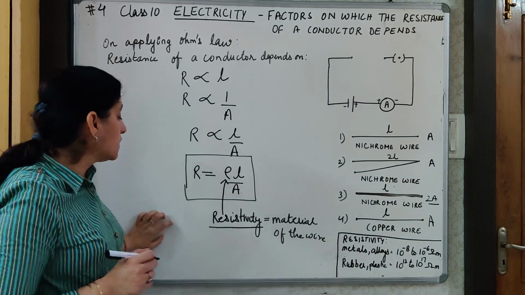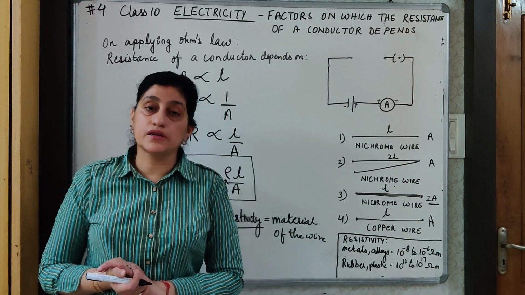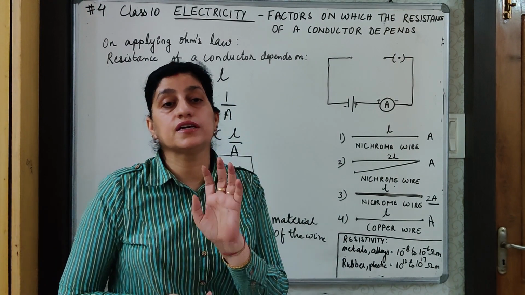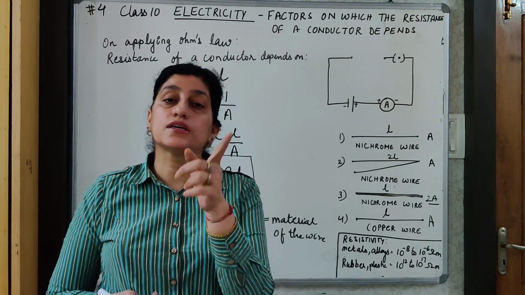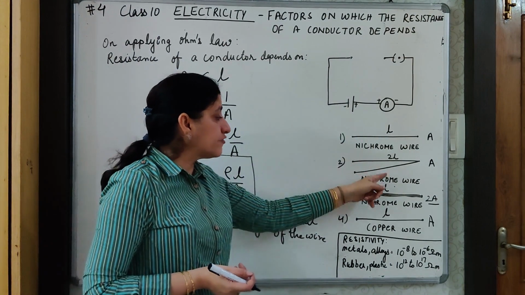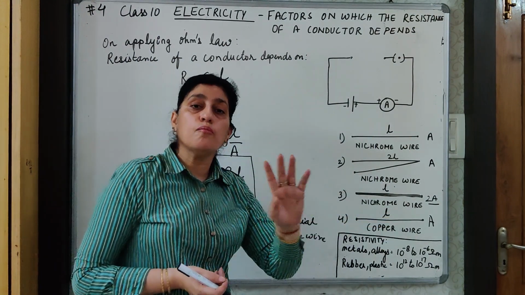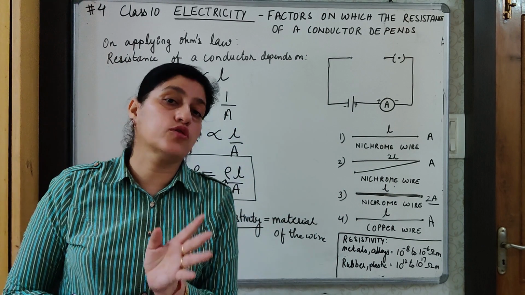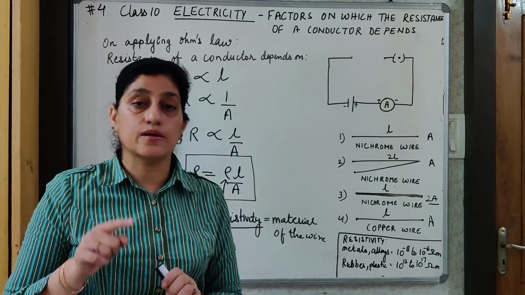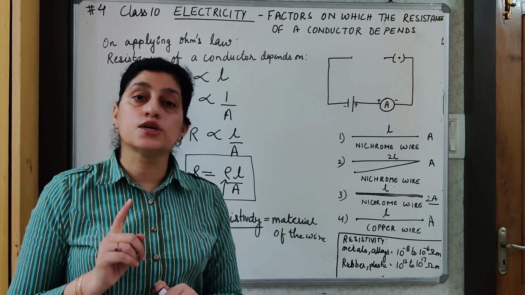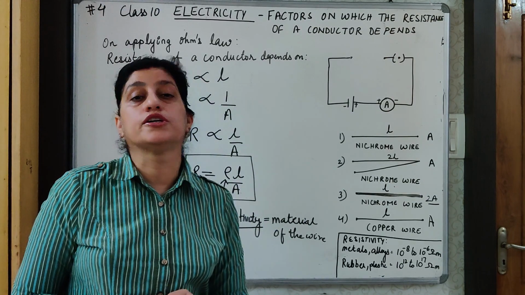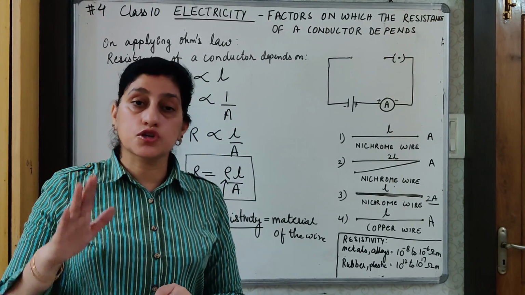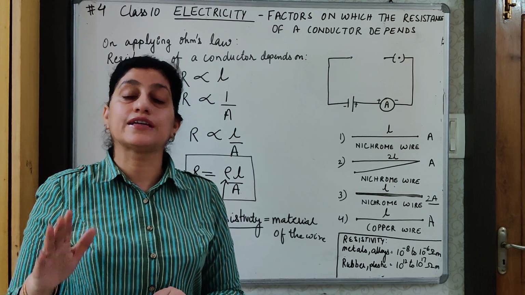Now children, resistivity is the property of the material, and therefore when we take a certain material, suppose I am taking nichrome. I have taken different lengths and areas of nichrome, but resistivity of nichrome will remain same because I am saying resistivity is the property of the material used, and therefore it remains constant at a given temperature.